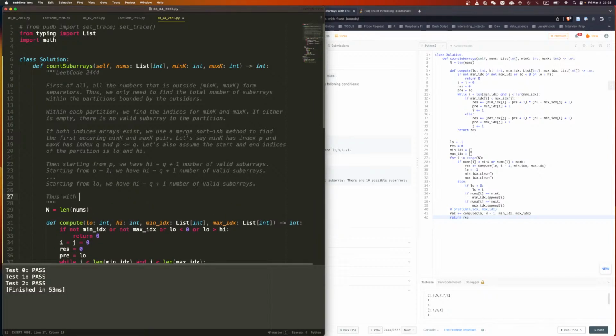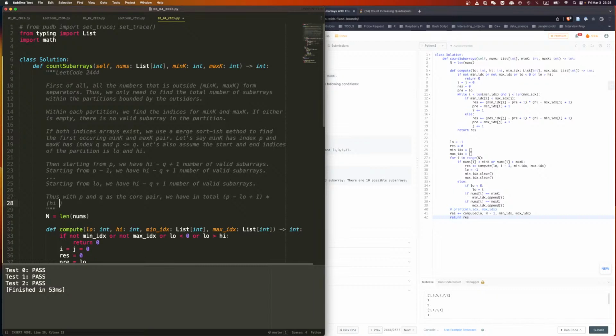Thus, with p and q as the core pair, we have in total p minus low plus 1, times high minus q plus 1 number of valid subarrays.